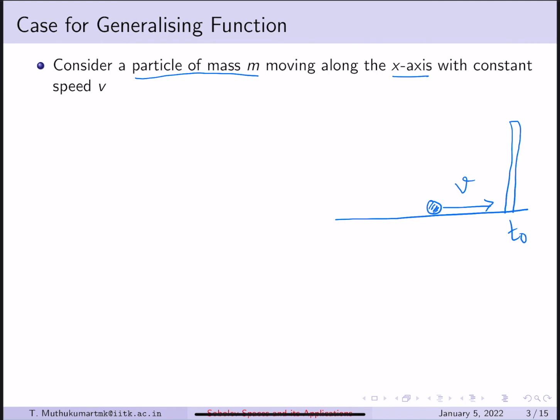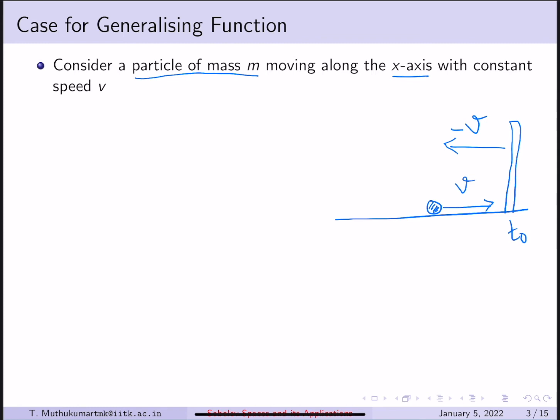So what happens if it hits? Once it hits, the particle will return. Here I am assuming that the particle does not break after hitting and so on. It's like an elastic collision. So the particle hits and then returns back in the opposite direction, with the same speed, so velocity minus v. So this is a situation we want to model.